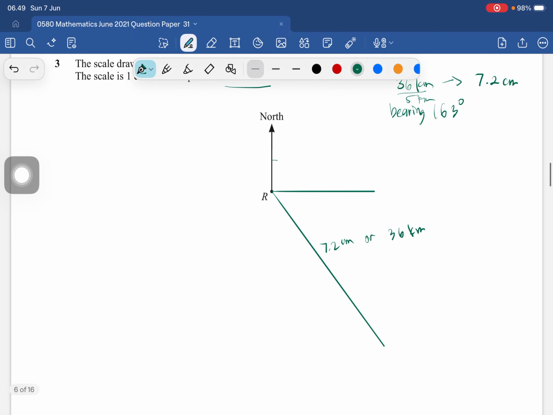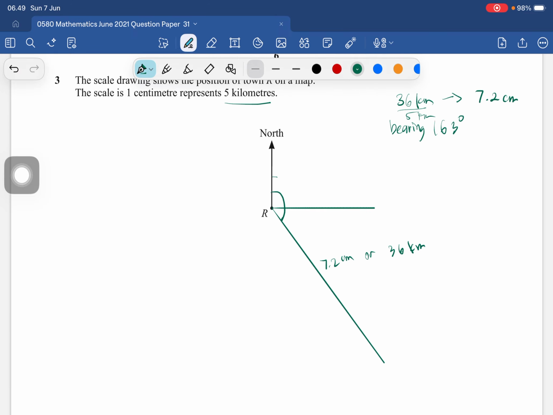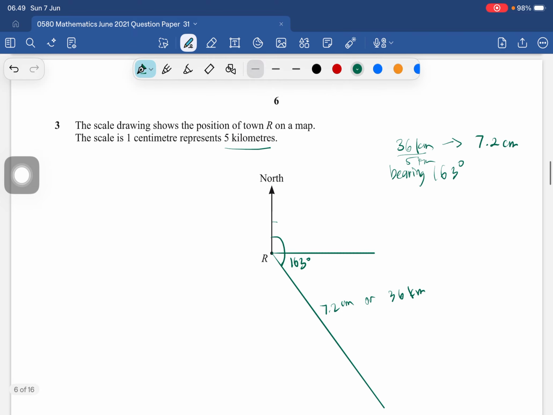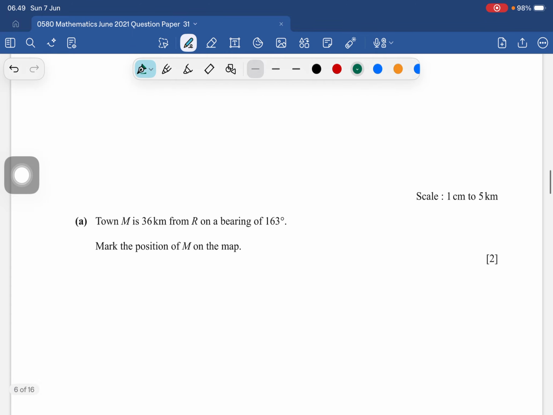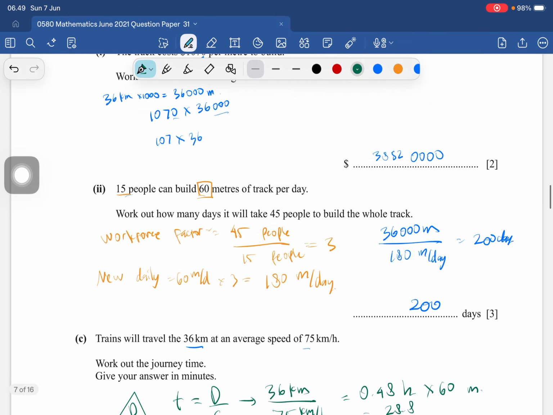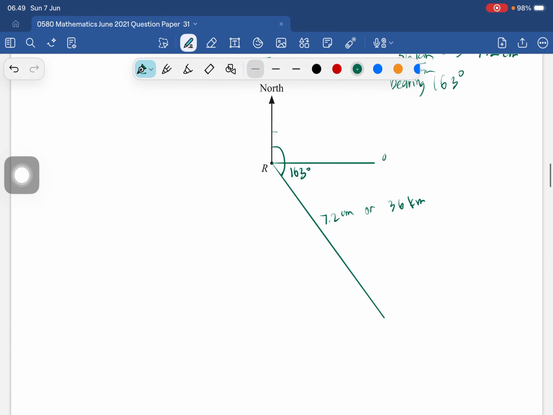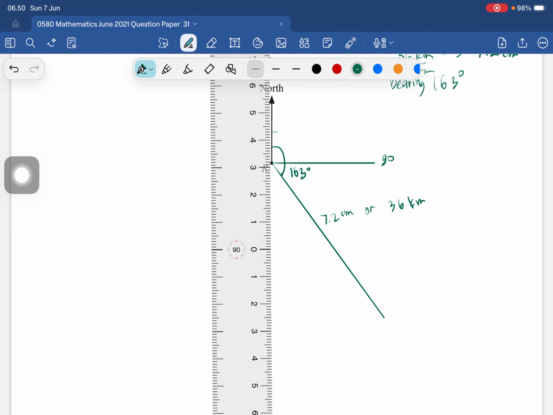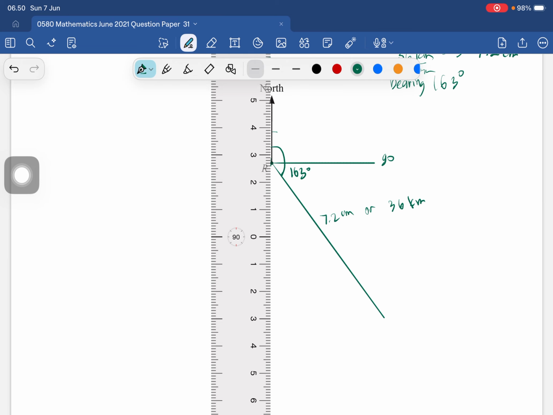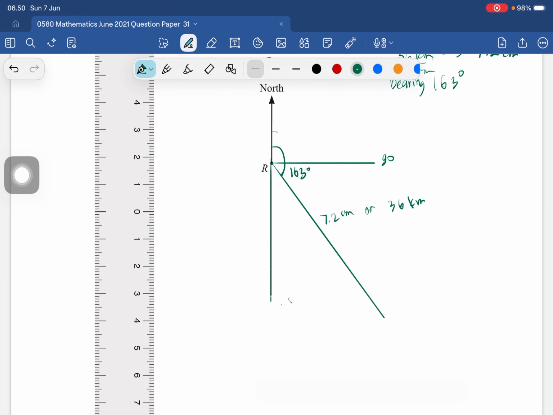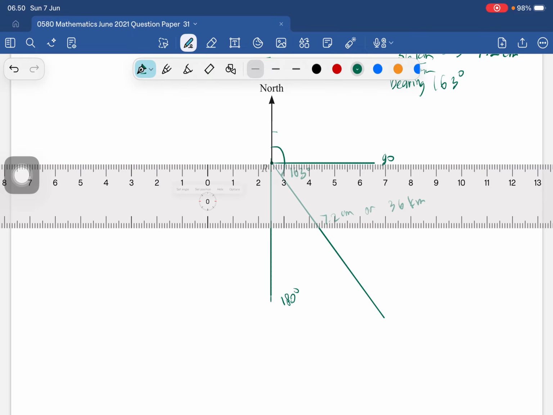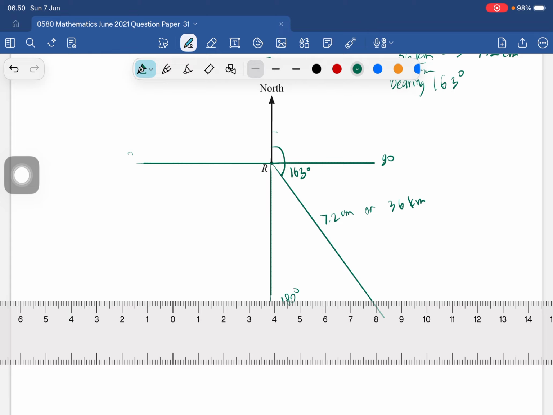Here is the bearing 163, here is 90 degrees, here is 180 degrees, and here is 270 degrees.